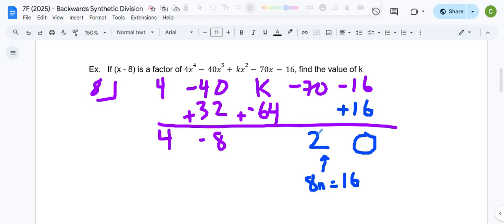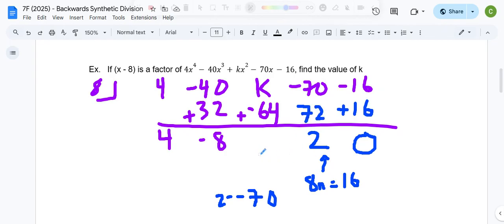Okay. Now we know negative 70 plus n is equal to 2. So what we need to do here is 2 minus negative 70. Okay. So negative 70 plus what number equals 2? If we do 2 minus negative 70, we're going to get 72 here.